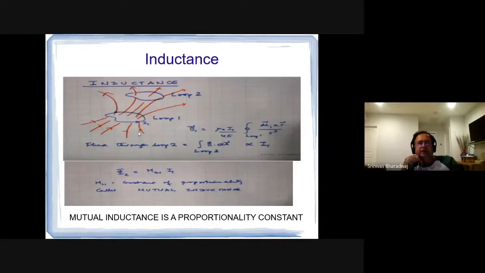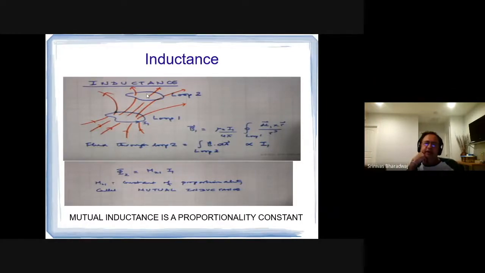There is a current I1 here, and there is a mutual inductance between the two sides, and the flux through loop 2 is proportional to the current in loop 1.